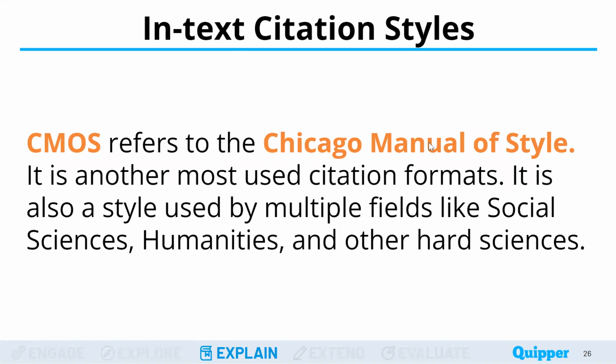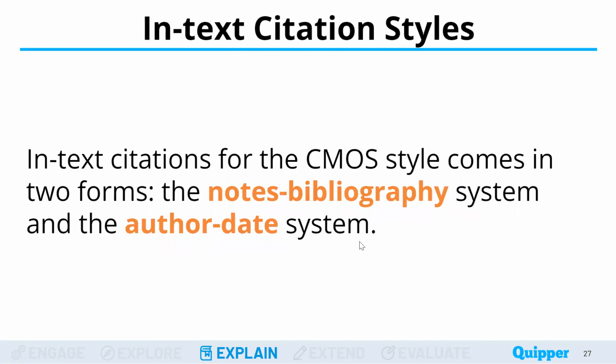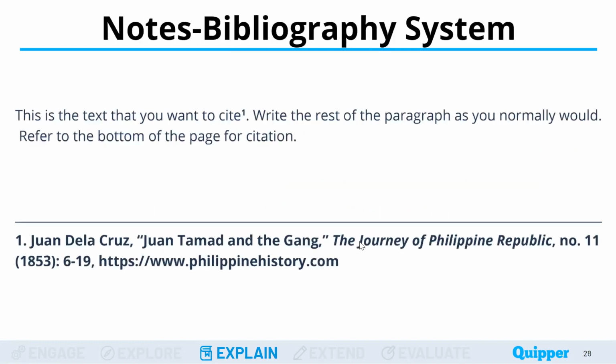Okay, so another example is CMOS, which refers to the Chicago Manual of Style. It is another most used citation format. It is also a style used by multiple fields like social science, humanities, and other hard sciences. Okay, so in-text citation for the CMOS style comes in two forms: the notes bibliography system and the author date system. So this is the text that you want to cite, right? The rest of the paragraph, as you normally would, refer to the bottom of the page for citation.